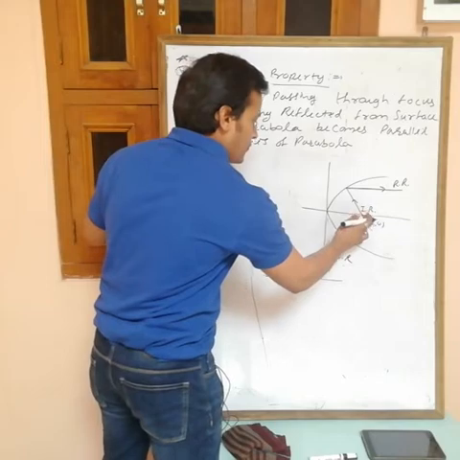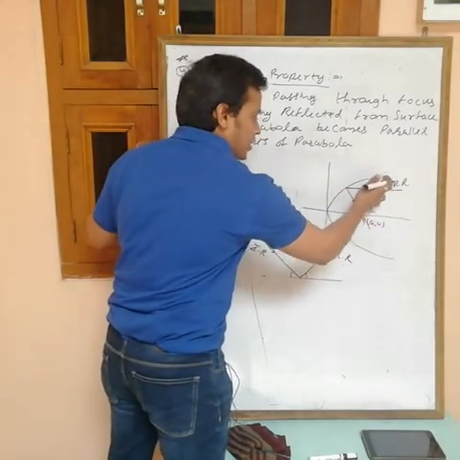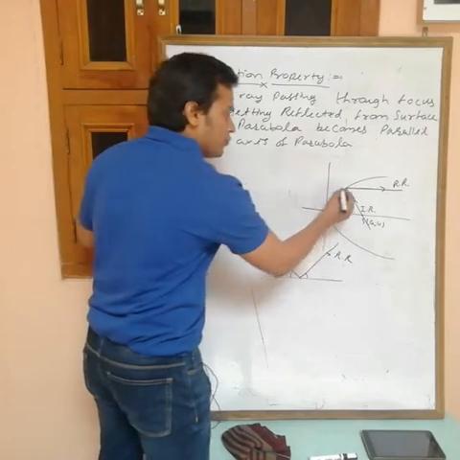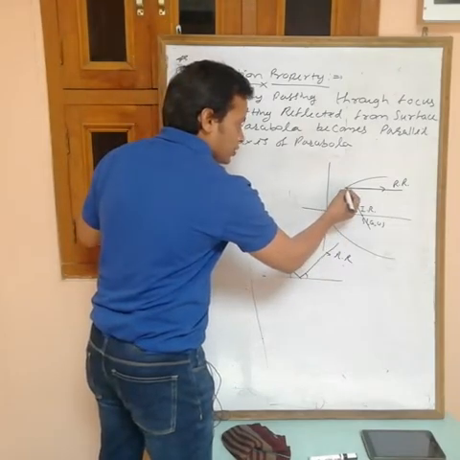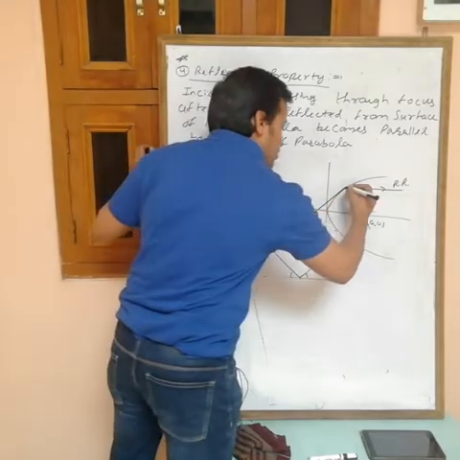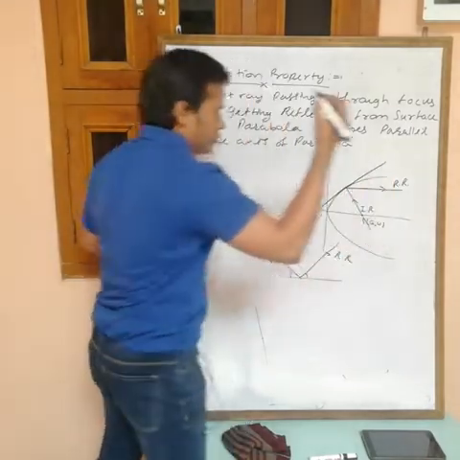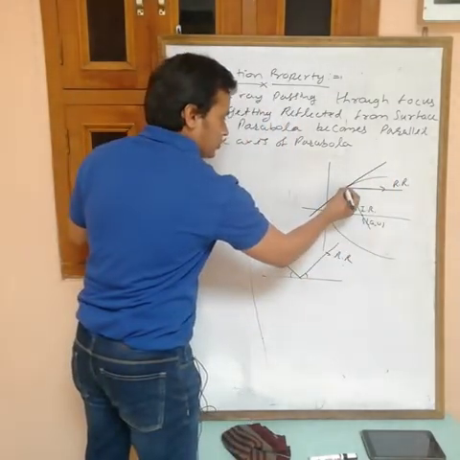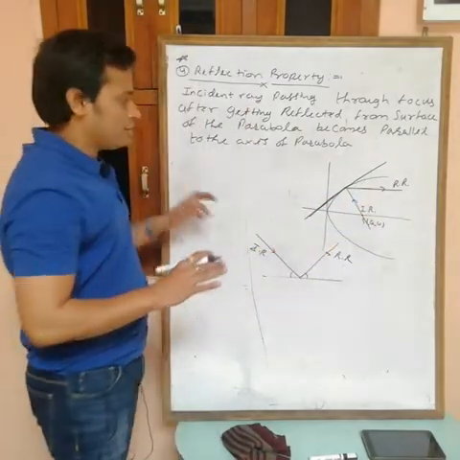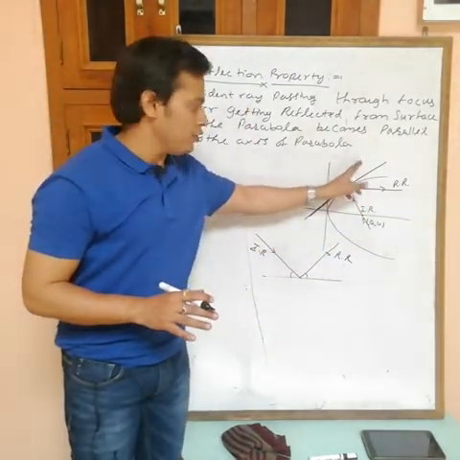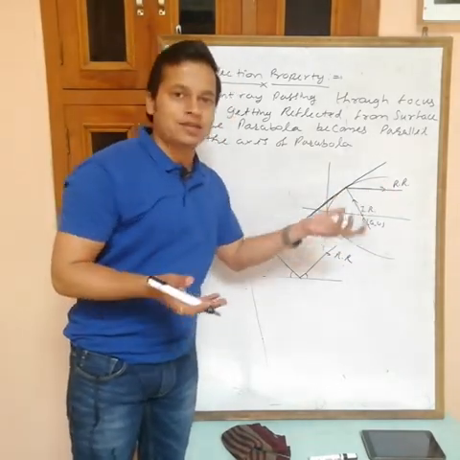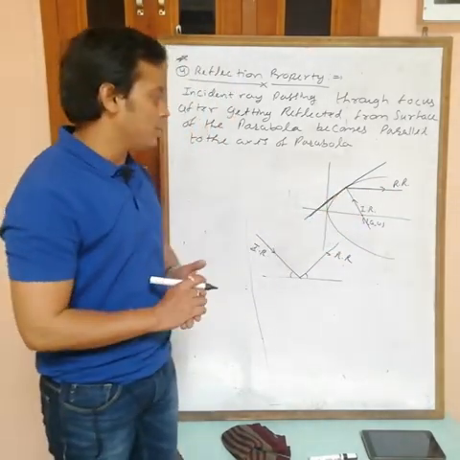Now see, here incident and reflected. This is the curvature part, so we have to draw a line. This line is the tangent at this point. So this is like incident and reflected from this line, or the curve.